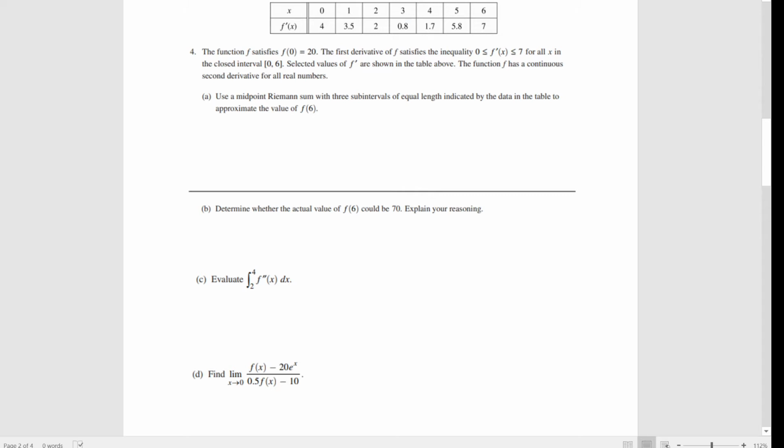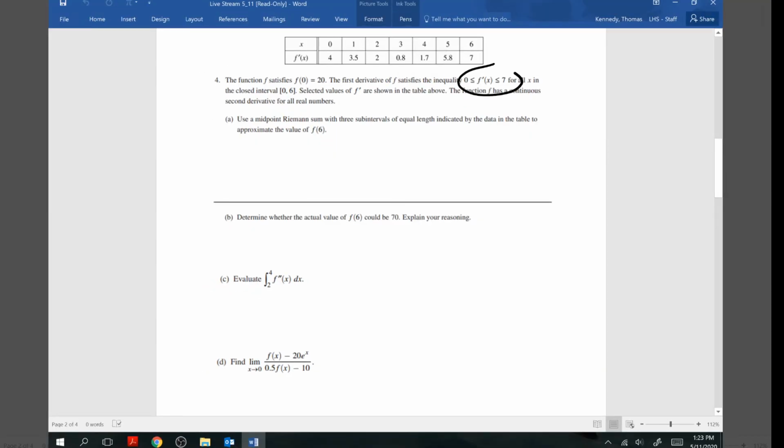Another play is actually to say that, hey, look, the slope is between 0 and 7. So 7 is the max it can be for any value. If I just assume that the slope is 7 for the entire interval, then the integral would be 7 times 6. 7 times 6 is 48. Wait, did I do 42?